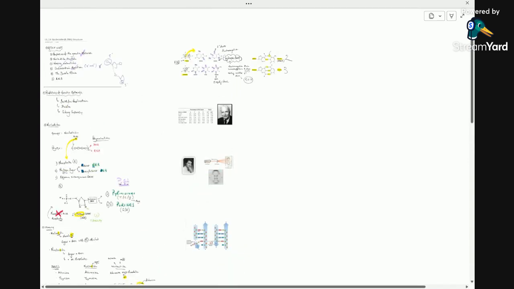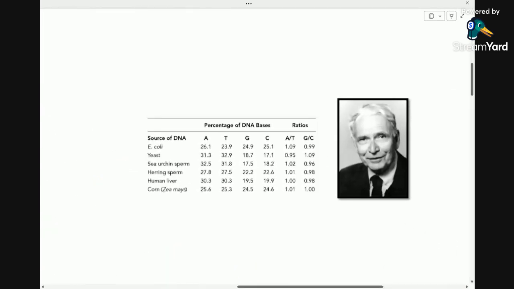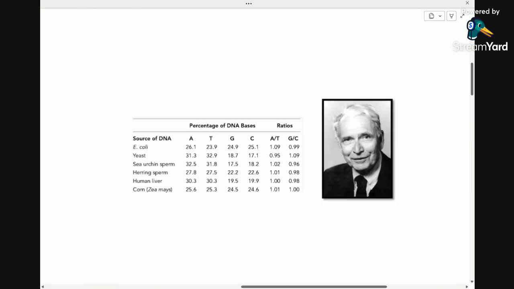Now, just to go to some experiments here that you need to know about, firstly, this guy called Chargaff, Erwin Chargaff.